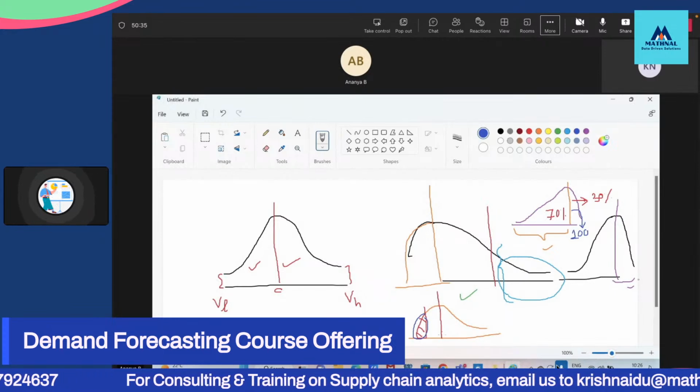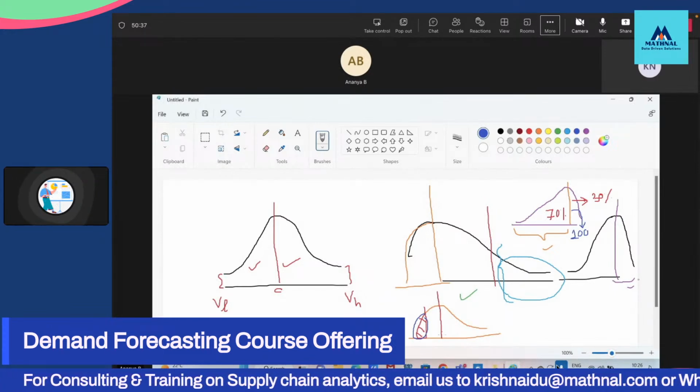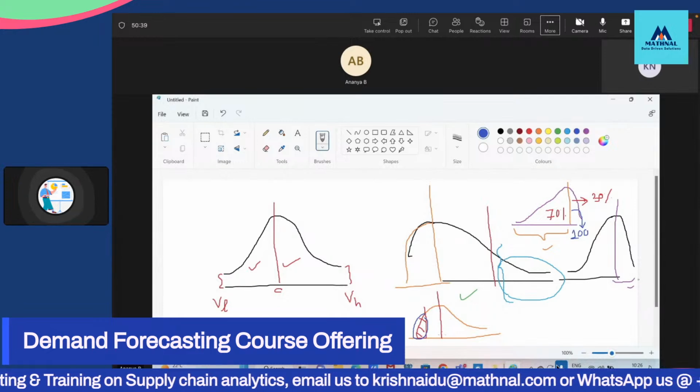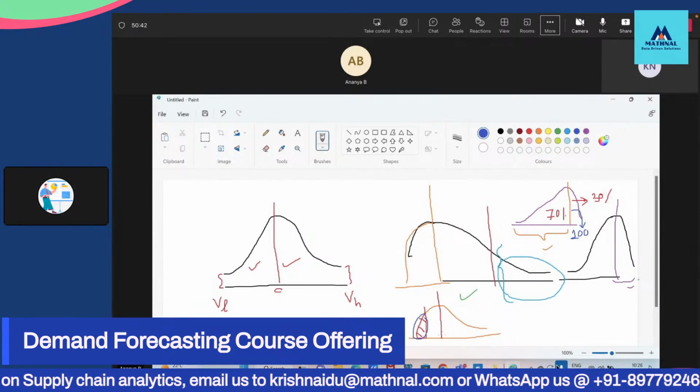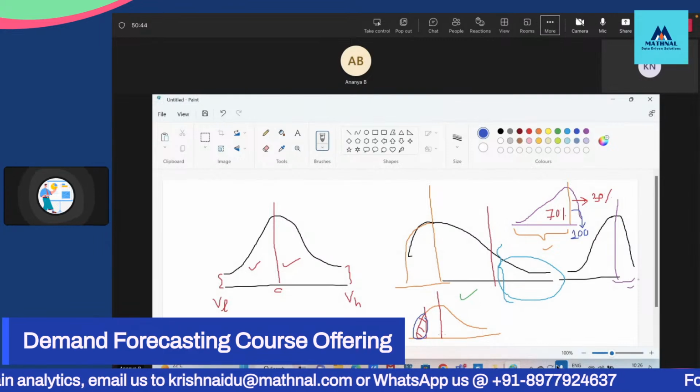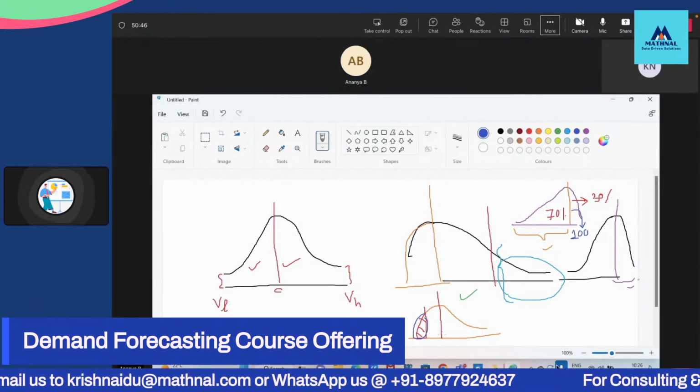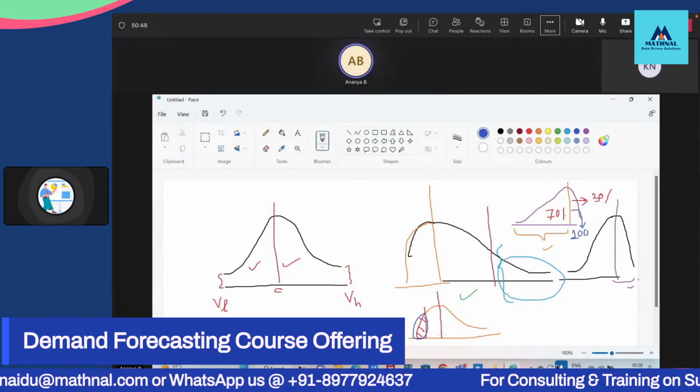Suddenly demand has picked up, and consumption has moved from 10 to 20 units. So the replenishment has to be done not on the 180th day, but on the 90th day.